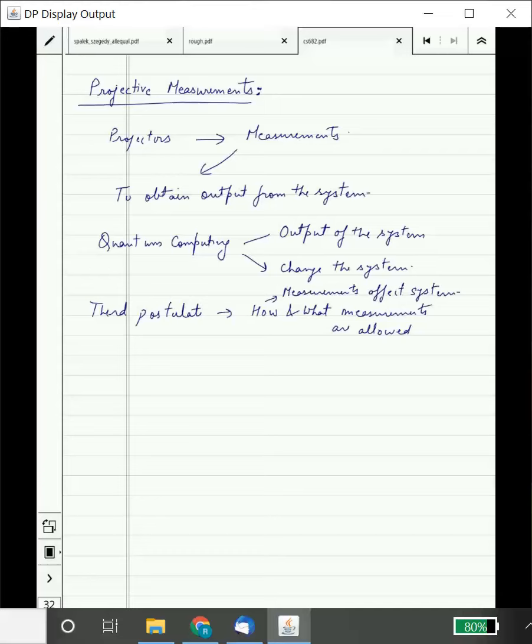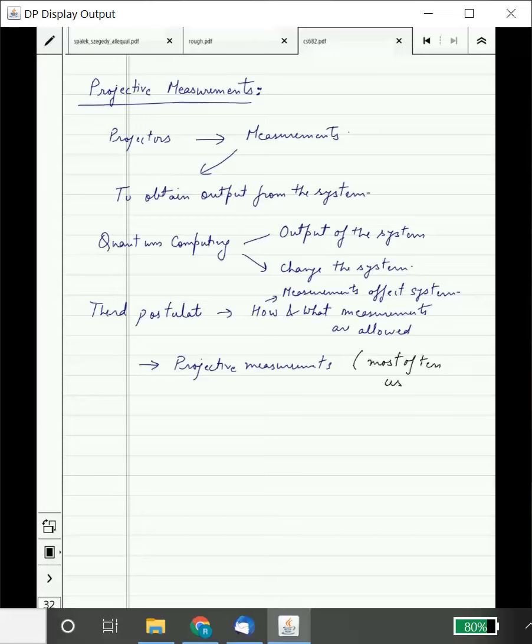Our strategy to understand these would be to first understand simple kind of measurements which are called projective measurements. Those are the ones which we will use most often. Hence, it is important to understand these thoroughly.